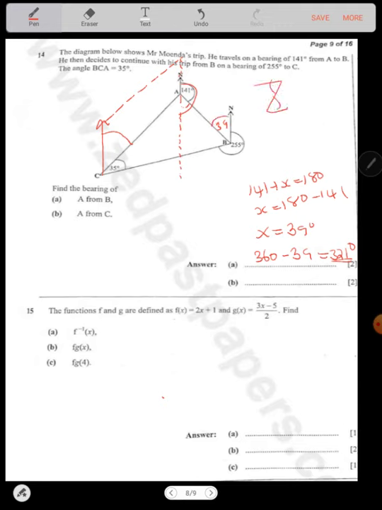This angle is equal to this angle here alone. That's also 39. So you can even tell 141 plus 39 gives you 180. So we are very sure that actually this angle is 39. The angle that we are looking for now is this angle here. All right.